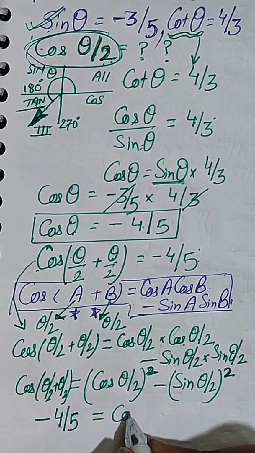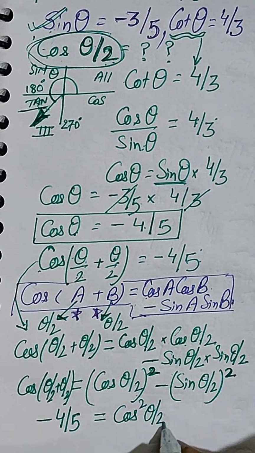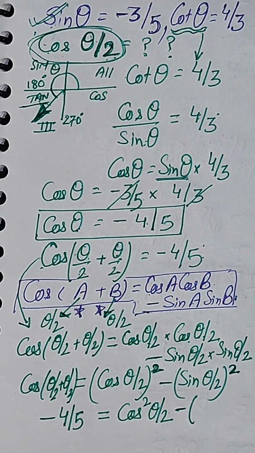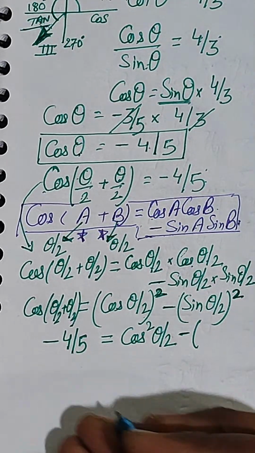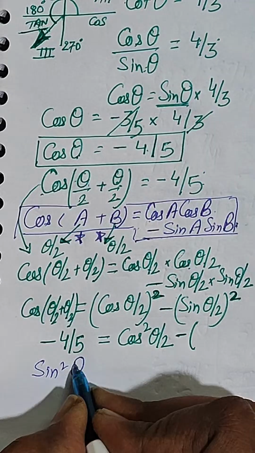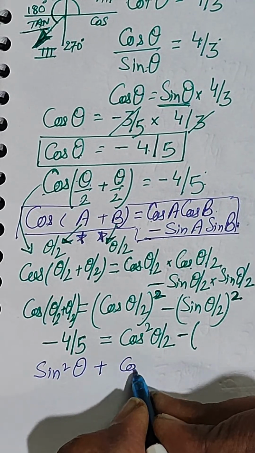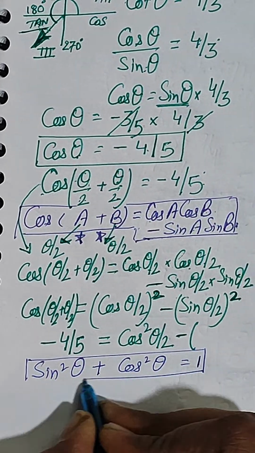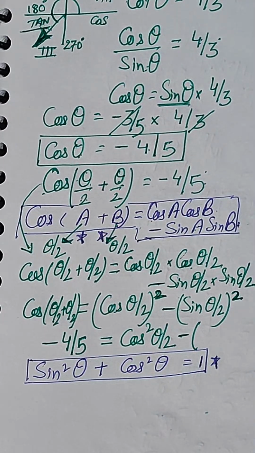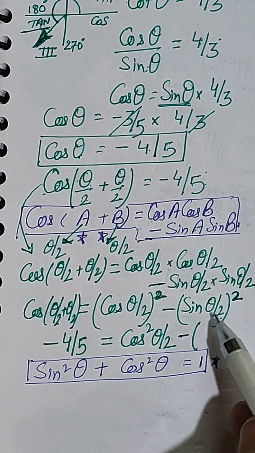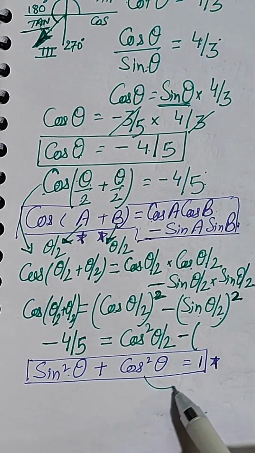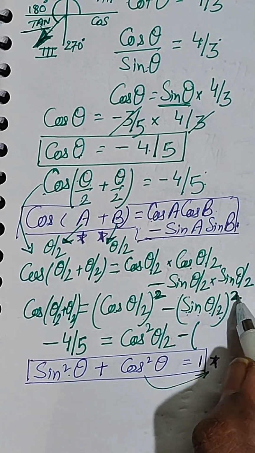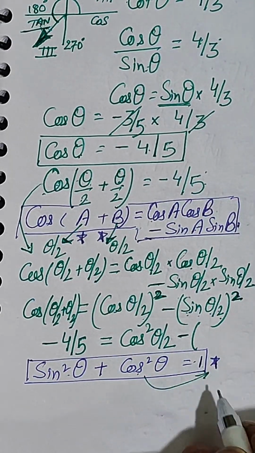So it will be cos square theta by 2 minus, and sin square theta by 2 can be written, if you remember the identity sin square theta plus cos square theta is equal to 1, as 1 minus cos square theta.